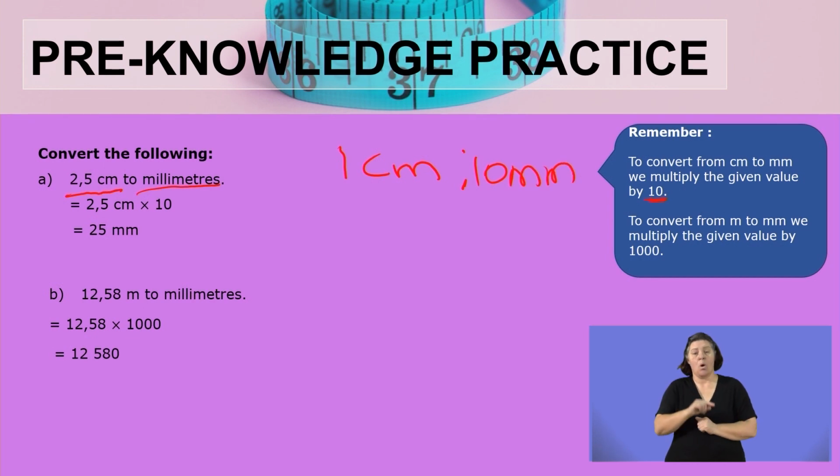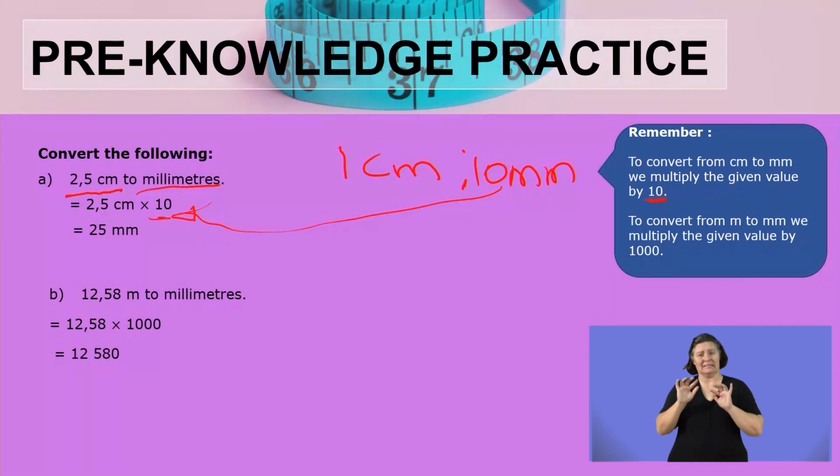So to convert 2,5 centimeters to millimeters, we simply multiply 2,5 by 10, and the answer is 25 millimeters.